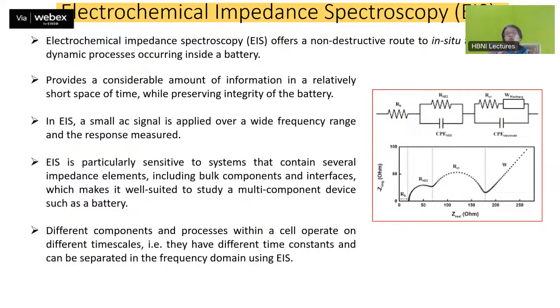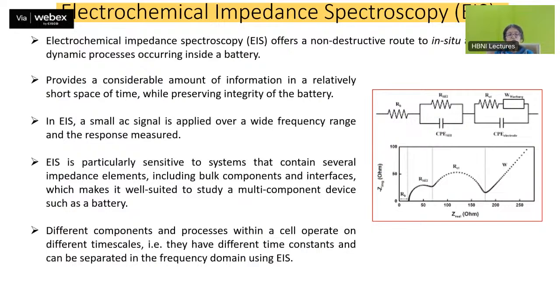You know how much stability the structure has when it goes through lithium ion insertion and de-insertion, and it is holding on to the capacity. That means the material is definitely able to hold on to the structure. But the exact dynamic process happening inside the battery, this technique is going to tell you. It provides a considerable amount of information in a relatively short space of time, and it preserves the integrity of the battery. So it doesn't destroy your battery.